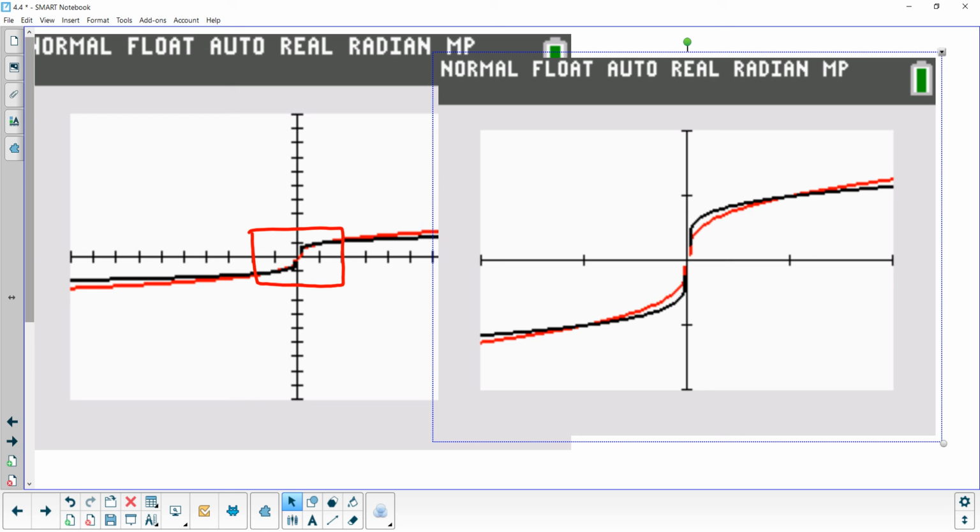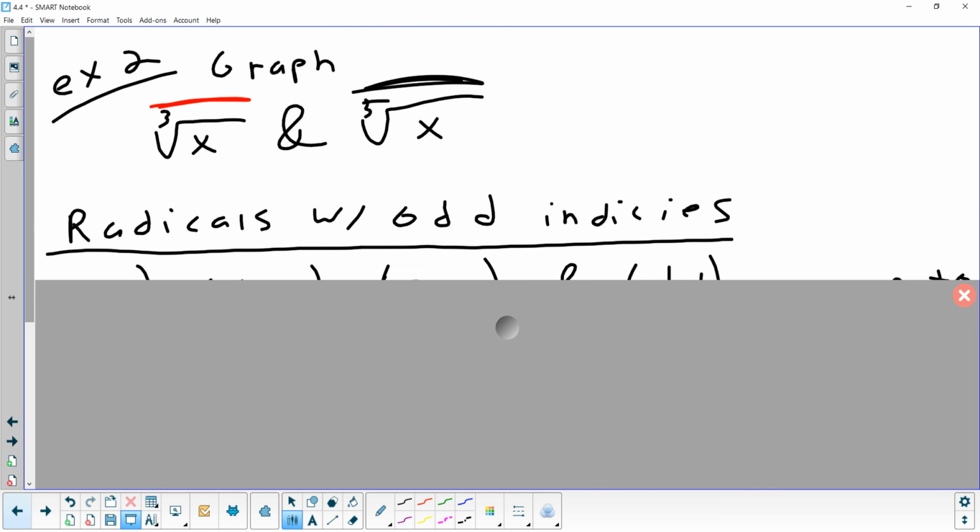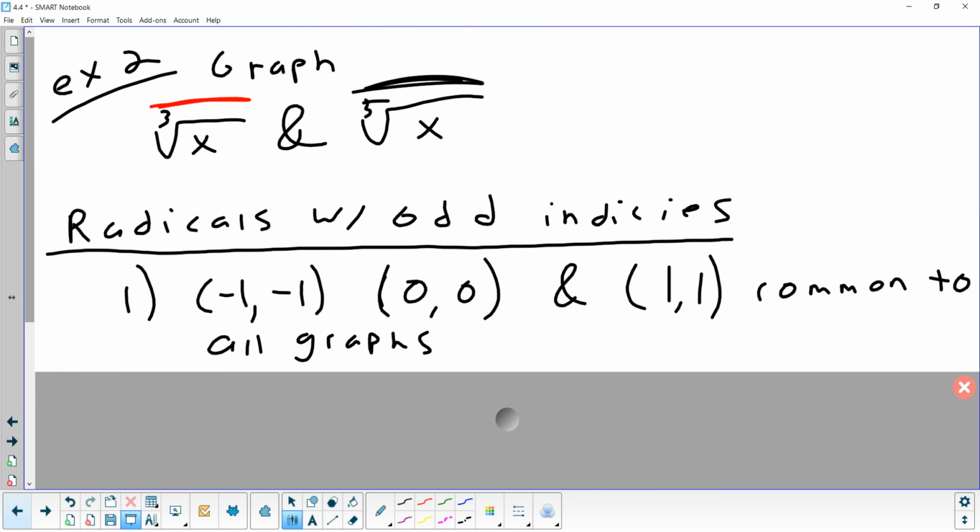Nick? 0, 0. Yep, 0, 0. Anything else? Julie? 1, 1. Yeah, 1, 1. And yeah, go ahead, John. -1, -1. So those are 3 points that are common to all odd roots, assuming you don't do any transformations.